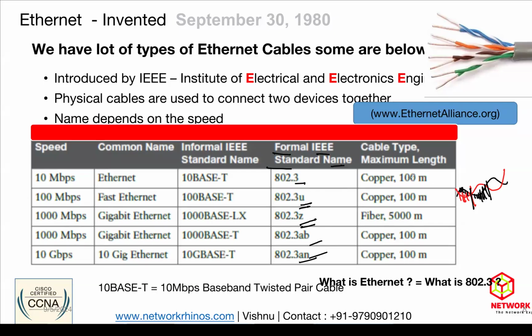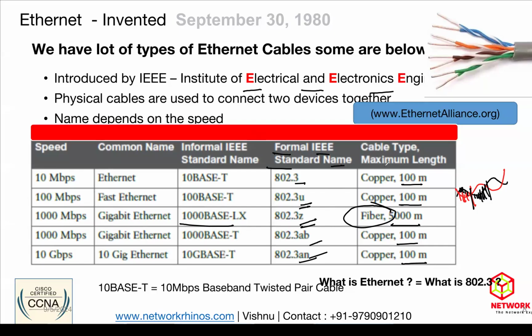Now, by default, Ethernet cables can travel only up to 100 meters. That's a problem. So every 100 meters, I have to put a signal booster or something. So what the IEEE has decided, because every cable can travel only 100 meters, is to take a cable called the 1000 Base-LX model, which is basically a fiber cable, which can travel up to 5 kilometers.